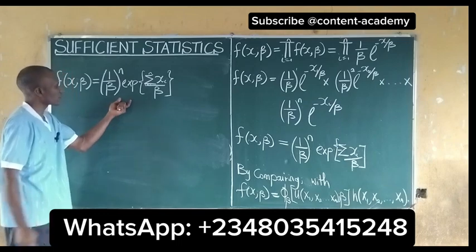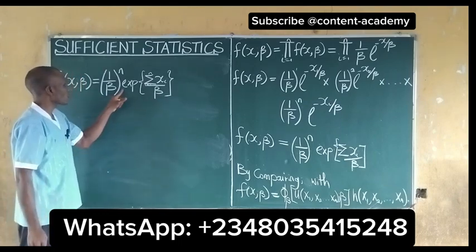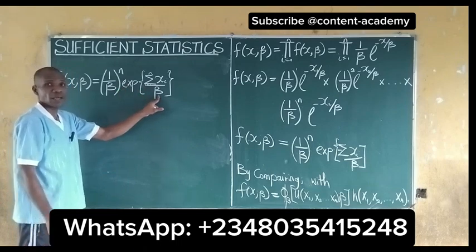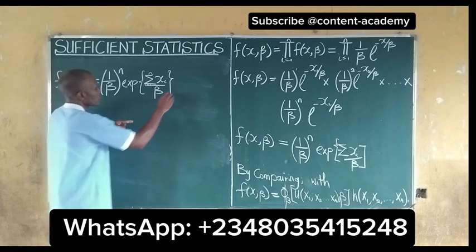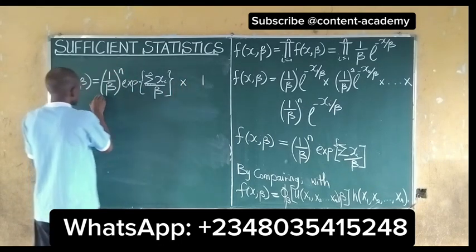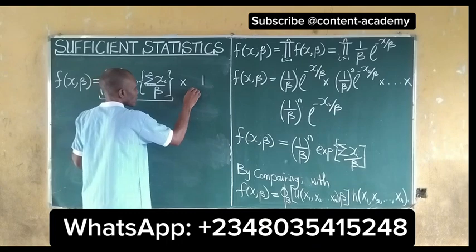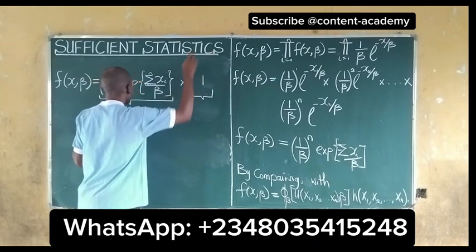Of course, if we watch out, you see that these components are tied together because they all depend on beta. So the next thing to write is multiplied by 1. So this is one of the components and this is another component.